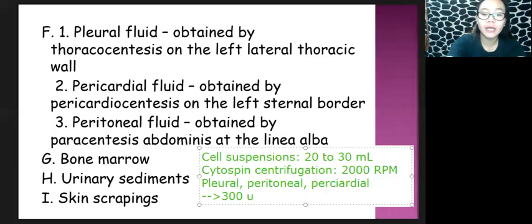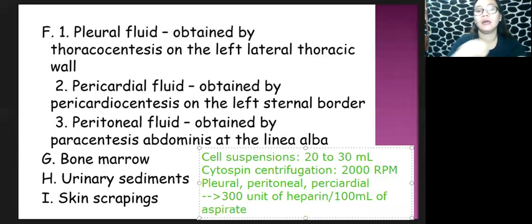We have 300 units of heparin for every 100 ml of aspirate. So I repeat, there is a need for you to add an anticoagulant. In particular, we make use of 300 units of heparin per 100 ml of aspirate. The purpose of heparin is to prevent the formation of jelly-like clots.